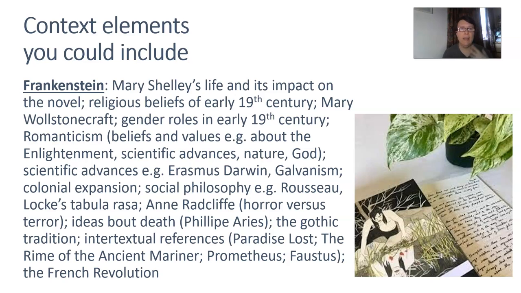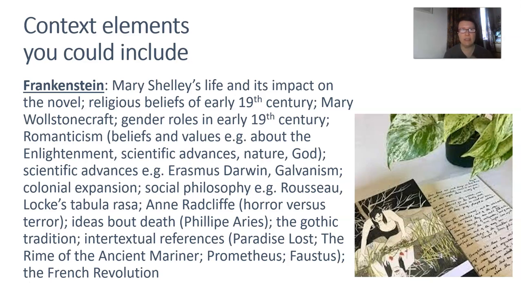You want to look at, again, what were the beliefs and the values and the ideas in the Enlightenment era, and particularly looking at social philosophy and Erasmus Darwin and Galvanism. Then you want to think about how we've looked at some of the social advances in that era. So we looked at Jean-Jacques Rousseau, we looked at John Locke, we looked at all sorts of ideas to do with the Gothic.